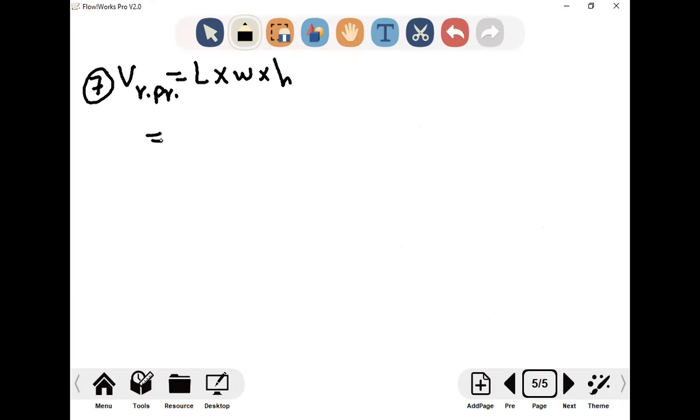So this is equal to the length, 13.5 multiply 6 multiply the height. Find the answer, simple as that. So we have 30 multiply 13.5, it will be 405.